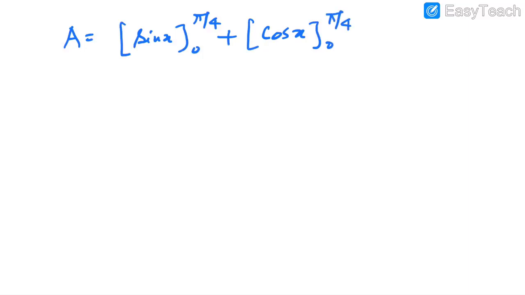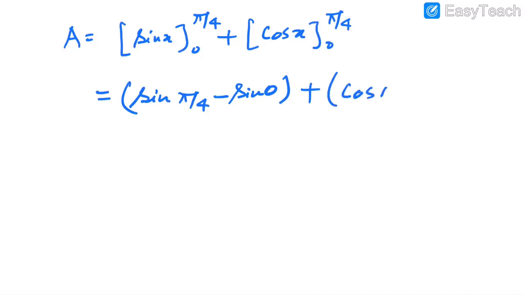Now after integrating we get A is equal to sin x from 0 to pi by 4 minus, and the minus is plus, so plus cos x from 0 to pi by 4. Now putting the upper value and the lower value, we have sin pi by 4 minus sin 0 plus cos pi by 4 minus cos 0.